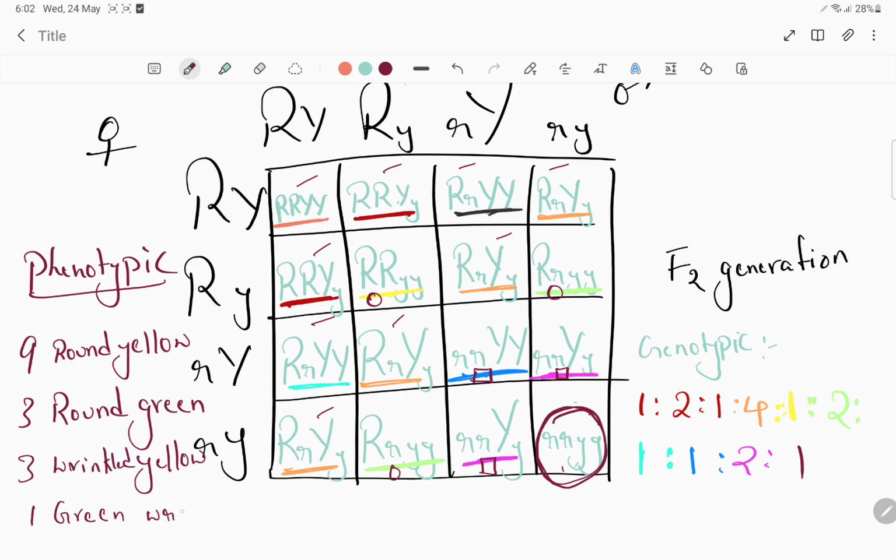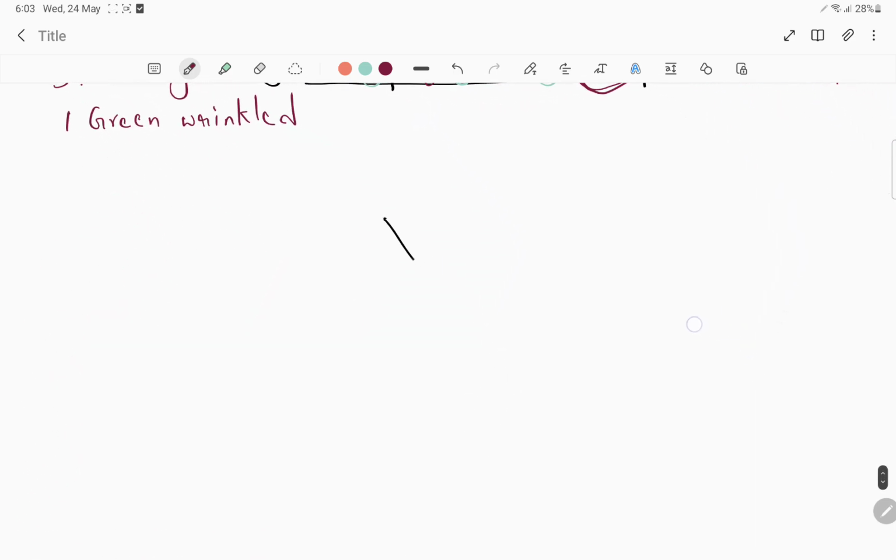So this is the 9:3:3:1 ratio, and out of this 10 are parental combinations and the remaining 6 are recombinants. Based on this he gave the law of independent assortment.